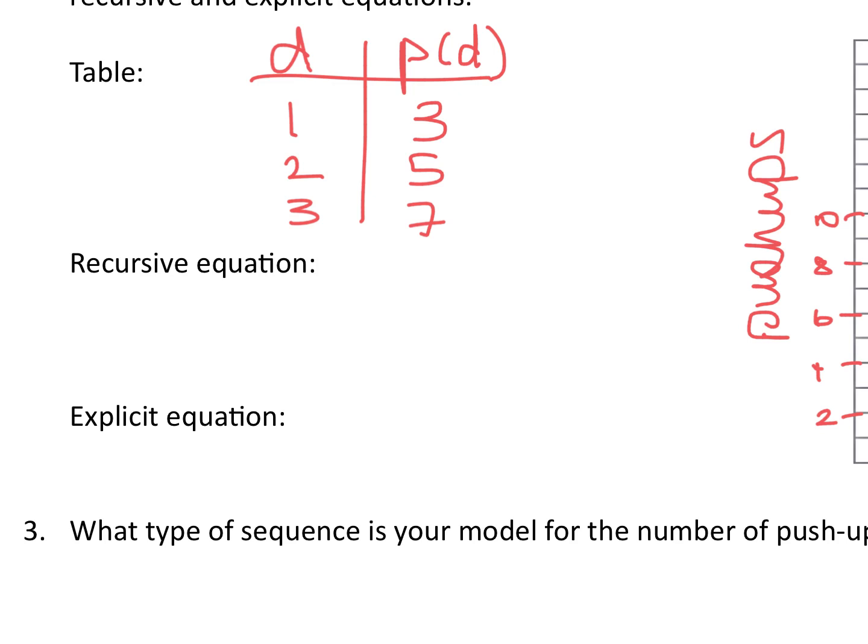So we're going to say we start at 3, and we need to recognize here that in the other lessons, the start was what happened at time 0, but this is day 1.